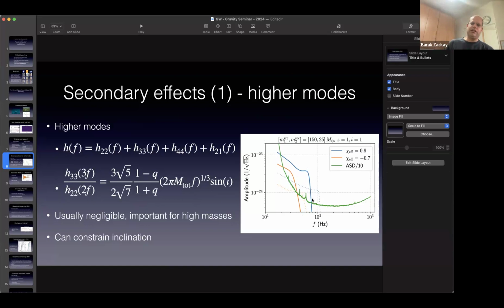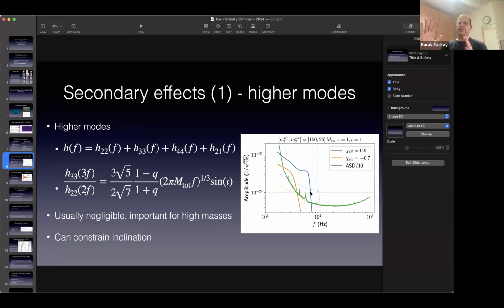So if the thing is below the green curve, it means it's undetectable. But if it's above, it means that maybe you can detect it. So as you see, the 3-3 mode is really small compared to the 2-2 mode, okay?